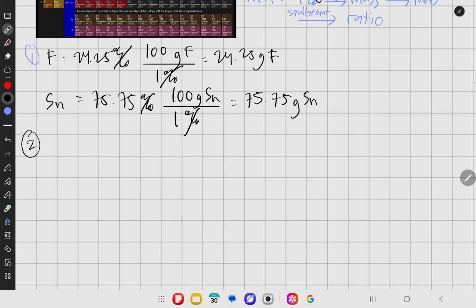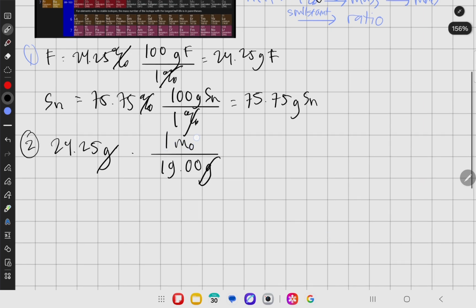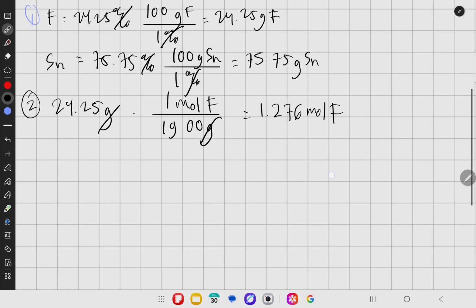The first one is for fluorine, so it's like 24.25 grams times, we use the molar weight on the bottom because we need to remove the grams. We need to find the moles of fluorine. And if we use the calculator, the result will be 1.276 moles fluorine. It's 4 SFs.